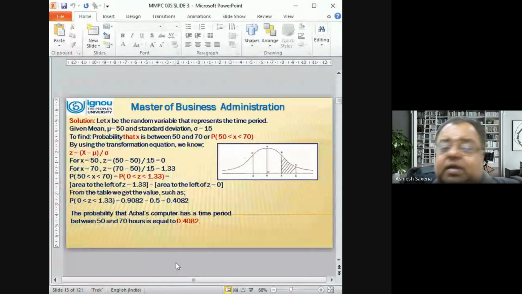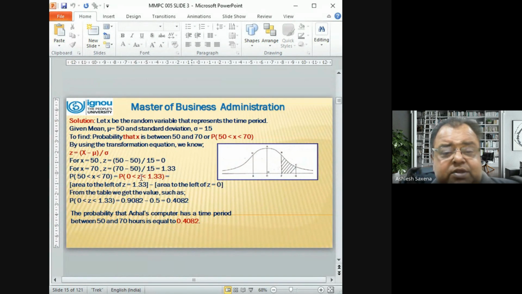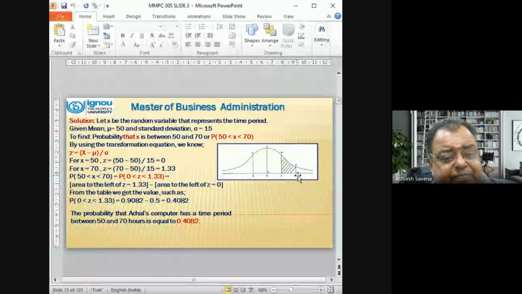Now see the representation of the problem. This is a normal distribution, so randomly you will draw this. Draw the center line over here, and you have two values: z is equal to 0 and z is equal to 1.33. Allocate them over here, because both the values are positive, so they will be on the positive side. Now this shaded area has to be evaluated. That means your answer will lie over here. Now what to do?